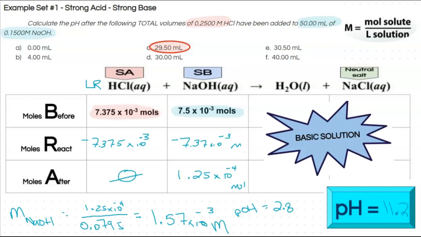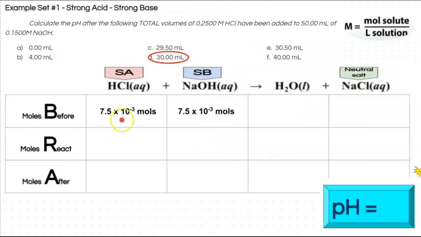All right, for the next part, we are looking at the addition now of 30 milliliters of my acid. So I'm still working with the 50 milliliters of 0.150 molar sodium hydroxide. So that calculates to be 7.5 times 10 to the negative third moles of sodium hydroxide, or base.